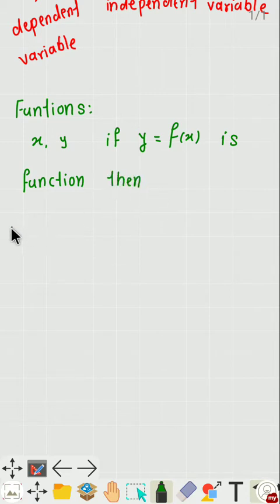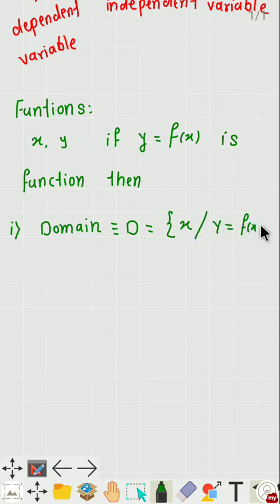First, the set of all values of x for which this function is defined is called the domain D of the function f. Domain is denoted by D, and it is the set of all values of x such that y is equal to f of x is defined.